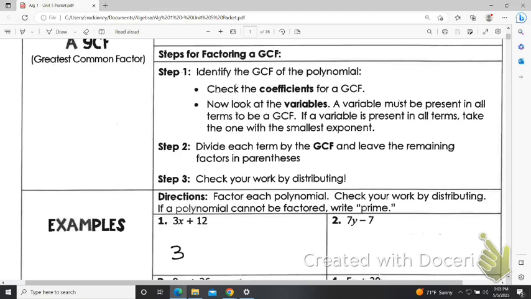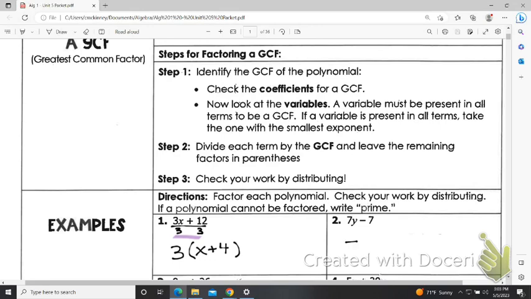That 3 is the GCF, and then to find what's left in the parentheses, I'm dividing each term by the 3. Now, for a problem as obvious as that, you may not need to write this part that I put underneath, but for some, you might find that that's helpful. Go ahead and take a moment, pause me, try number 2.